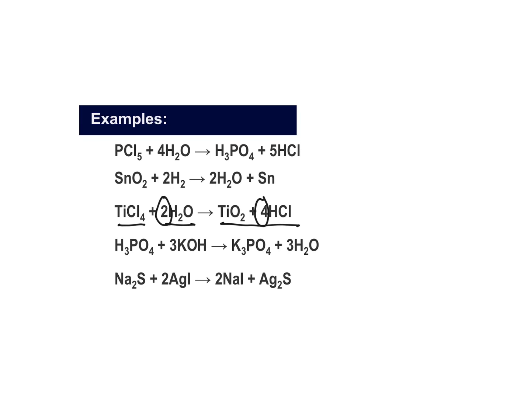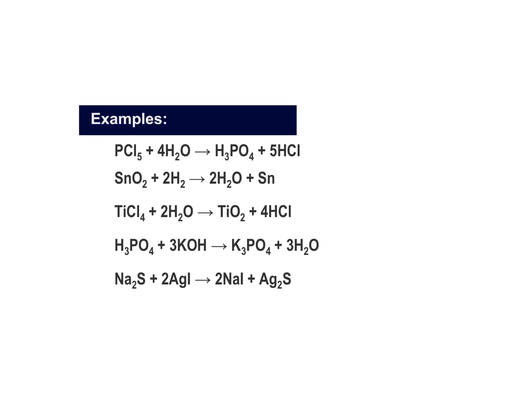TiO2 plus 4HCl are the products, and it needs 2 moles of water to react with 1 mole of TiCl4 in order for you to have 1 mole of TiO2 and 4 moles of HCl.